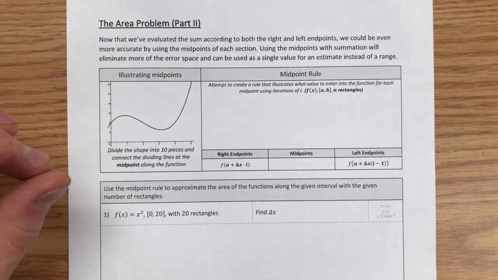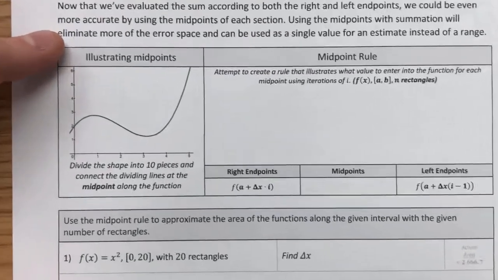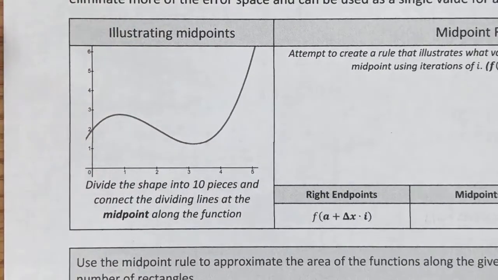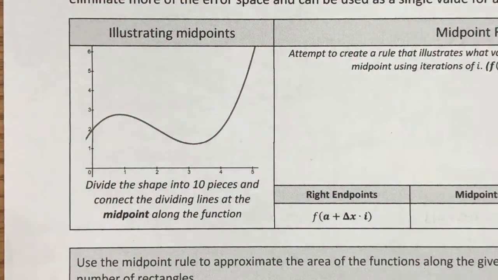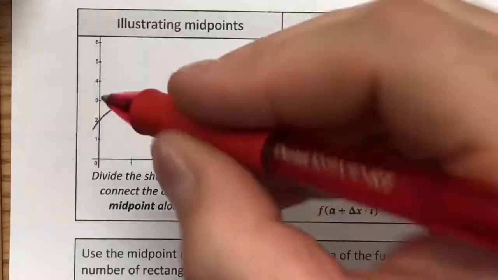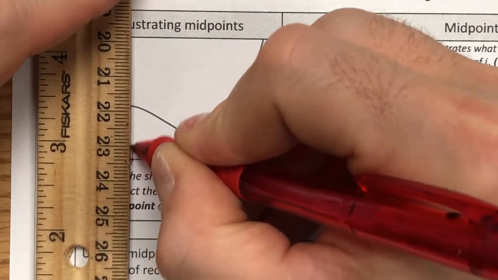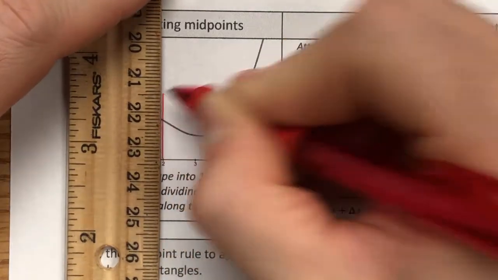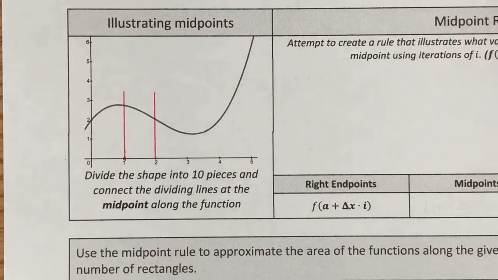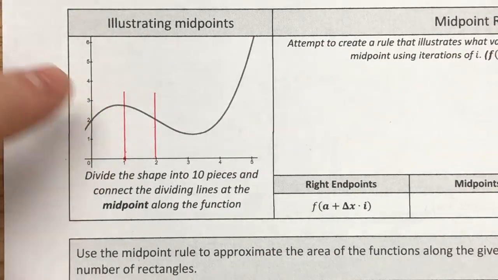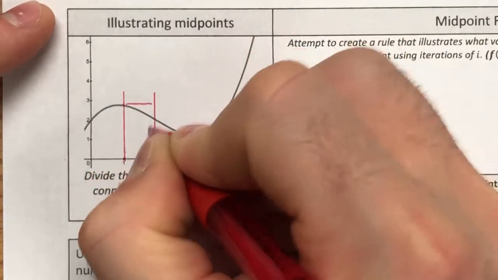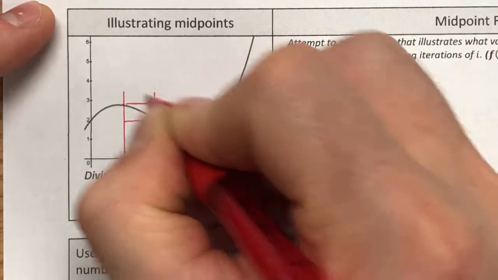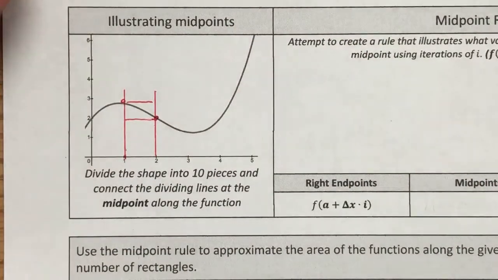The second thing that we're going to be going over is one of the things that we've done previously, and I think the best way to describe this is to show what we've been doing. When we separate a function into these individual pieces, so let me draw a straight vertical line right here. When we've been separating this into different pieces, we know that if we use the left endpoint rule versus the right endpoint rule, we're either overestimating or underestimating completely depending on what's going on.